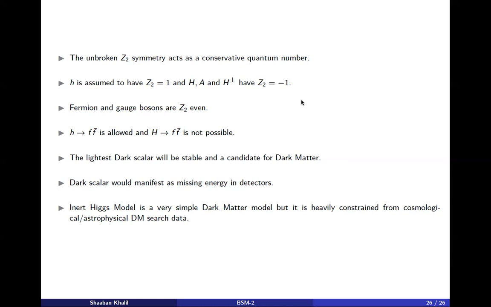So the inert Higgs model is a very simple dark matter model, but it is heavily constrained from cosmology and astrophysical dark matter searches, because it couples with W plus and W minus. So the effective coupling with the proton and the neutron would be rather large. It can even be ruled out from the direct searches of underground experiments.